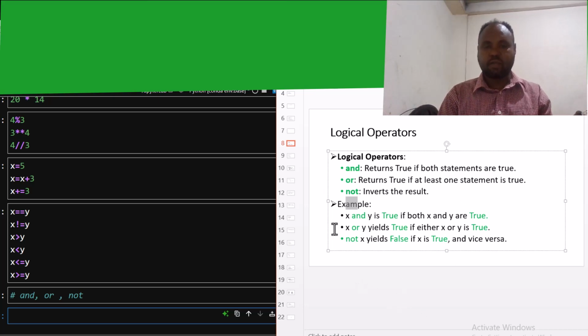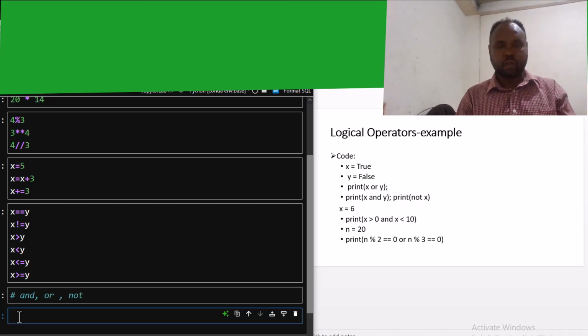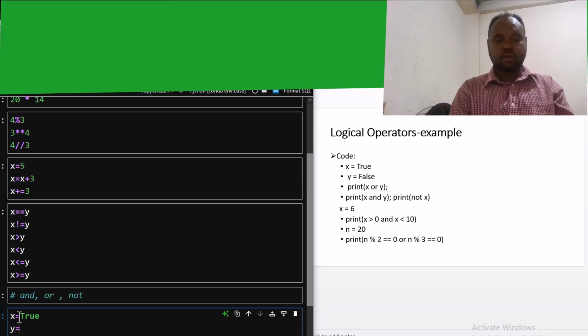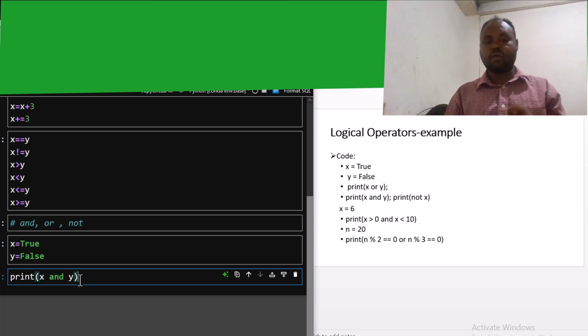So let us see some examples related to this one. For example, x is true, y is false, let's say. So let's run this one. So x and y, print whether this x and y evaluates to true or false.